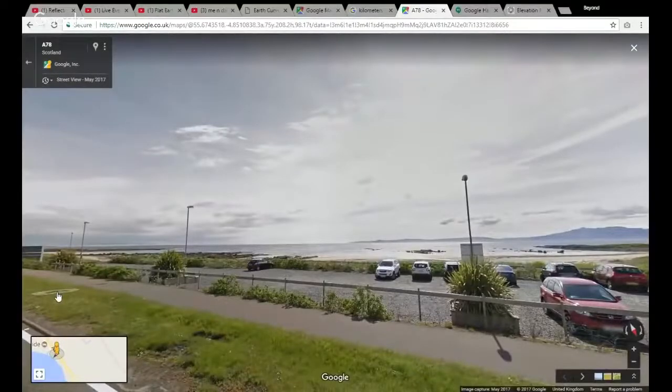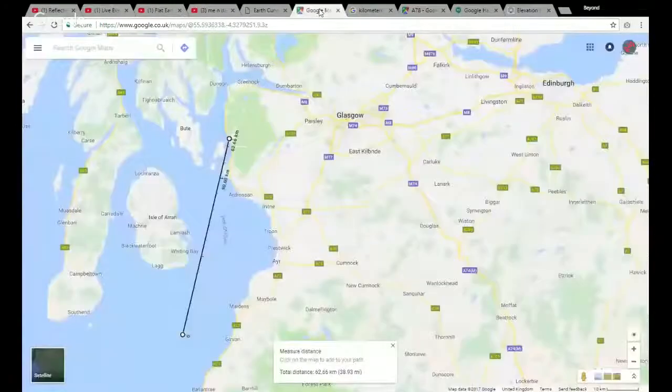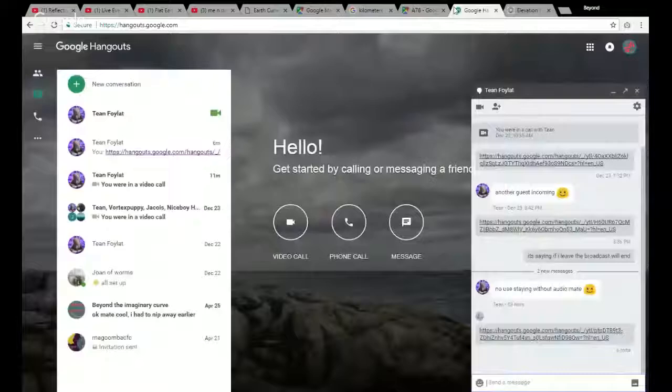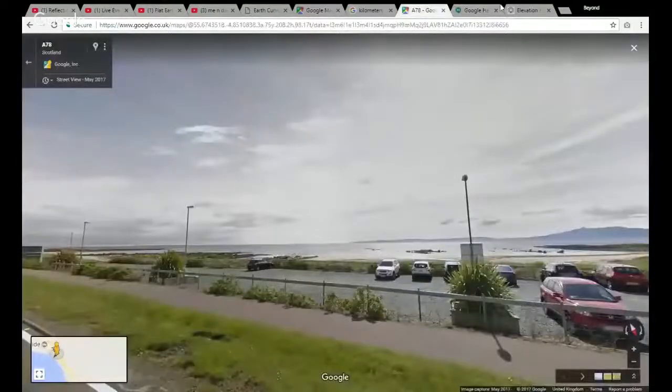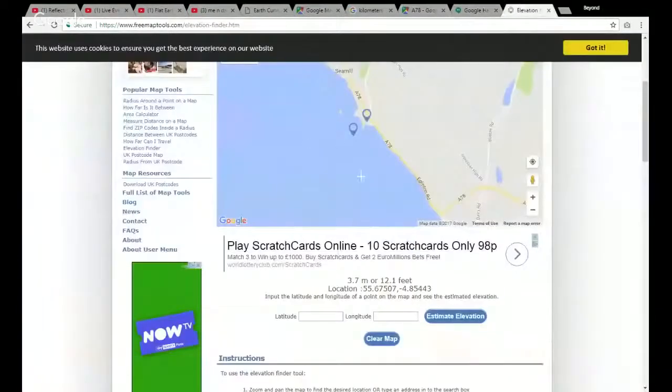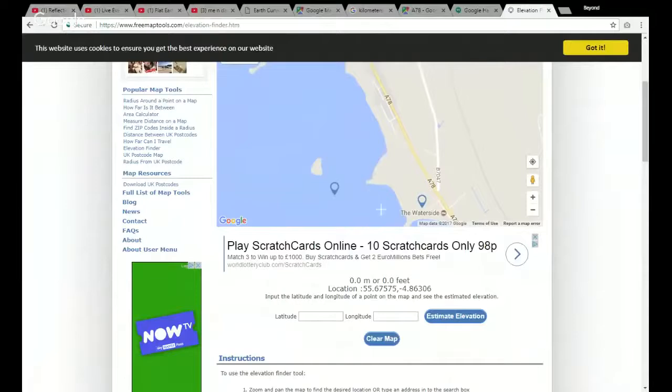It keeps pointing to up here at the road. So I must not be at the right position. The water side, what is that?